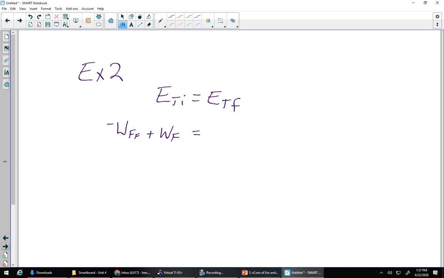It's taking energy out of the system. And then when all is said and done, we've got our final kinetic energy plus our gravitational potential energy. I know it's got kinetic because it's moving. I know it's got gravitational potential because it's got height. So if I could solve for the work done by my force F, then I could say the work done by force F is equal to that force times the distance, and then we're pretty much there.